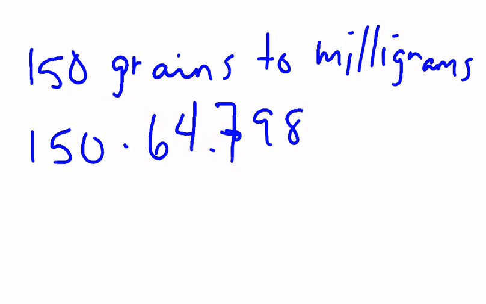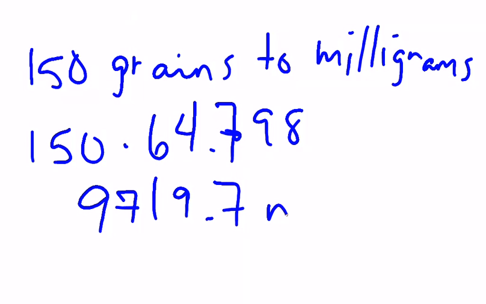And we'll multiply that. That gives us 9719.7 milligrams. So again, as you're doing these problems, the conversion charts might not be in each problem. You might have to scroll back up to look at the chart that's in the actual lesson and use those.